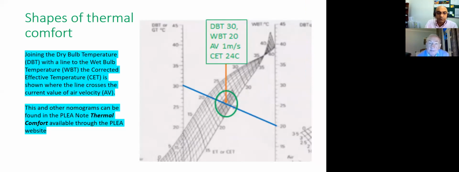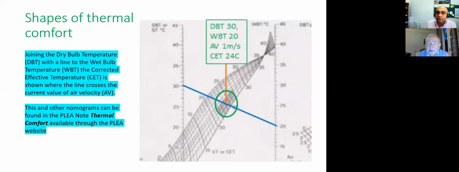This is a method showing how the physiology can be explained by looking at the situation these people are in, where they've got 30 and 20 for dry bulb and wet bulb, and air velocity. So it allows you to calculate the CET. These were very popular.